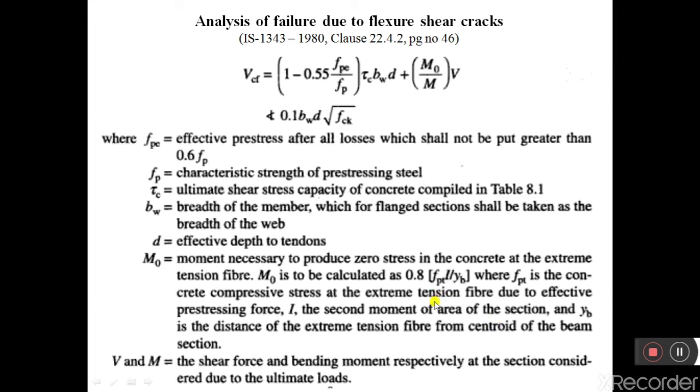I is the moment of inertia and YB is the distance of the extreme tension fiber from the centroid of the beam section. V and M are the shear force and bending moment respectively at the section considered due to ultimate loads.